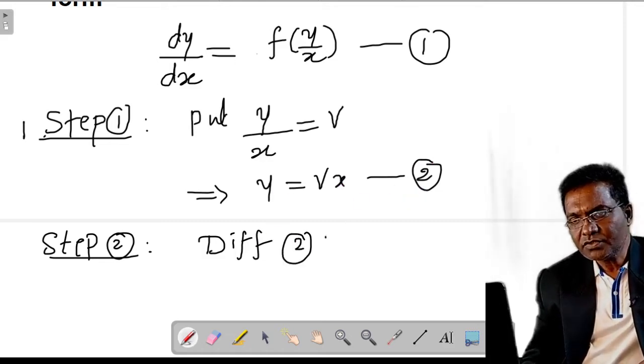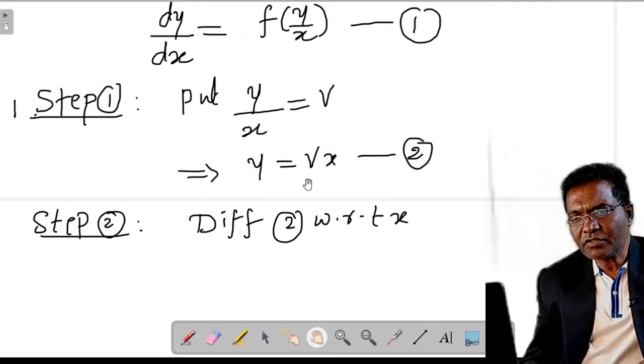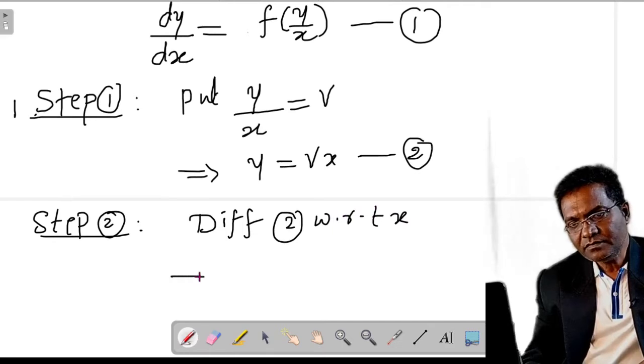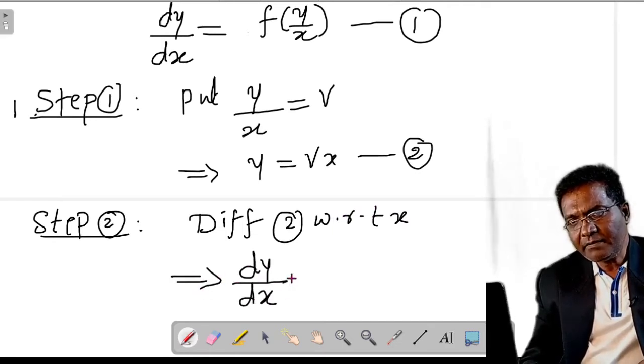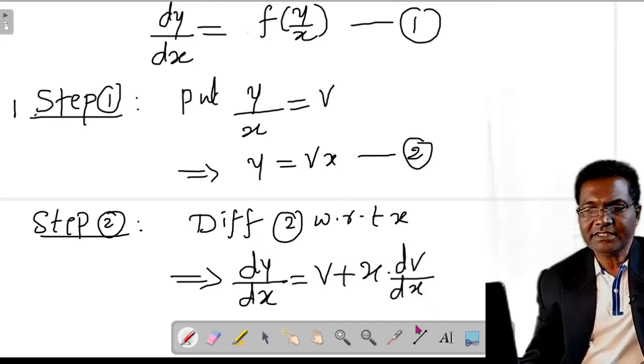Differentiate 2 with respect to x, meaning from this you have to find dy by dx. So what we will get, dy by dx is equal to, by the product rule, v, the derivative of x is 1, plus x into dv by dx.